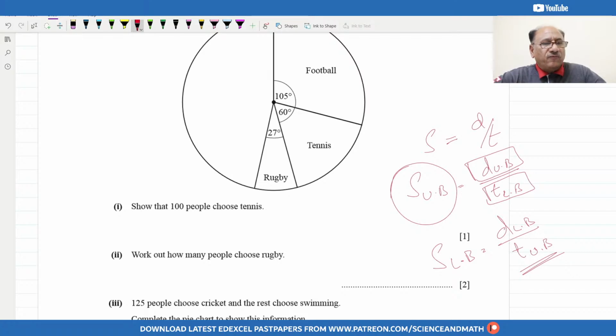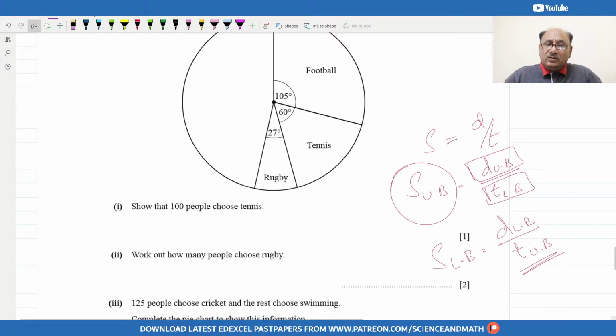And if while solving the paper you feel that a question is harder or tougher or taking more time, skip that one and go to the next one, and whenever you finish the paper, come back and retry that question.